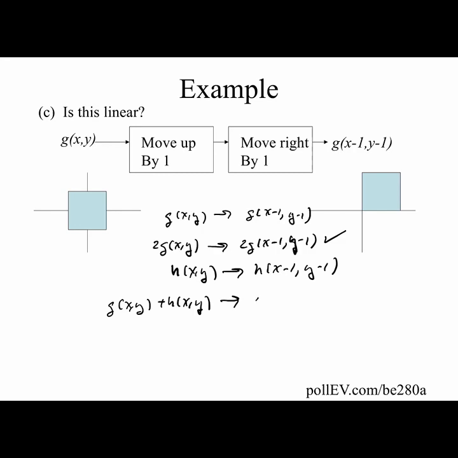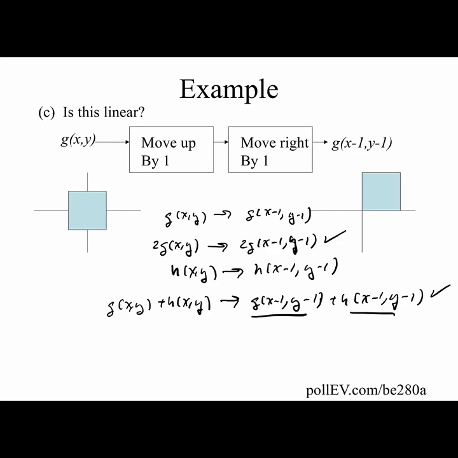So that can be written as g of x minus 1, y minus 1, plus h of x minus 1, y minus 1. So that satisfies addition as well, because this was the output for the first one, and this is the output for the second one. That's good to know because we do a lot of shifting around. When you do image processing or anything to do with images, you're always moving things around. So if it wasn't linear, it'd be a big problem. It's actually good that it is linear.